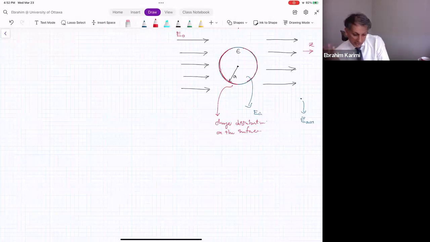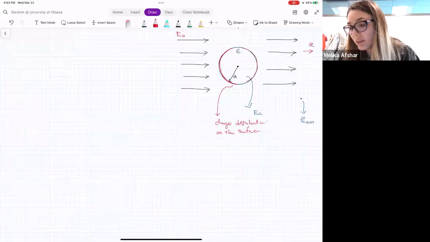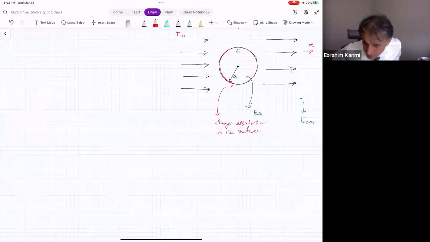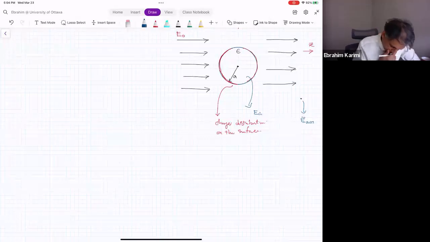And then I'm asking you what is going on with the electric field inside, the electric field outside, and what is the charge density on the surface of the sphere. I will pause the video. I'll give you 10 minutes to solve this. Perfect. So you all almost got the path to resolve this problem.